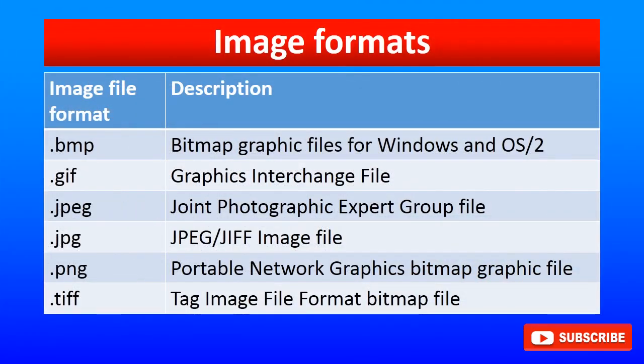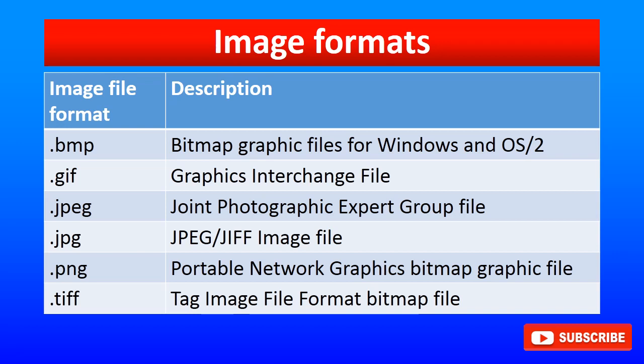Here is given the tabular information of the different image file formats which could be used in preparing any web page. First one is .bmp. It is a bitmap graphic file for Windows and OS/2. Another one is GIF, the full form is Graphics Interchange Format. Then the third one is JPEG, the full form is Joint Photographic Experts Group file.